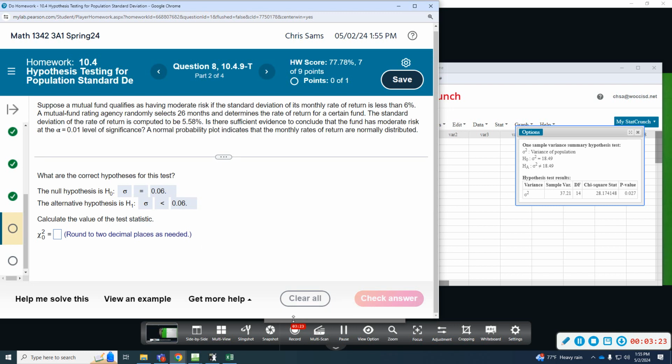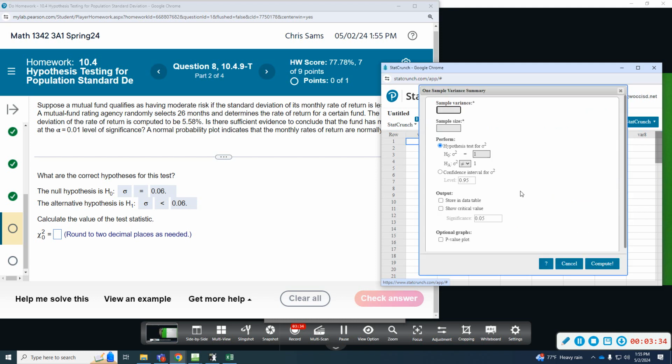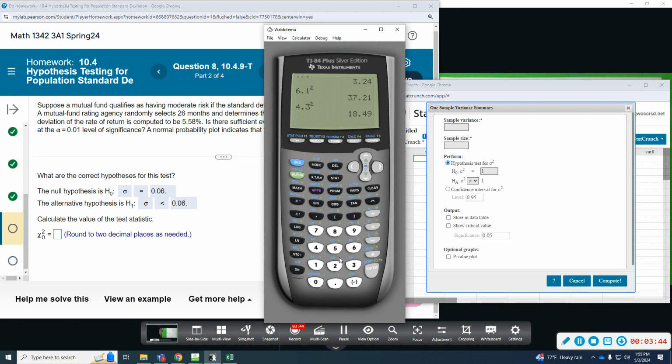All right, so we're going to find the test statistic. First, we already have StatCrunch here. Variance, one sample, summary. The sample variance is coming from the 5.58%. We've got to square that to get the variance. So 0.0558, you have to convert that percent to a decimal.